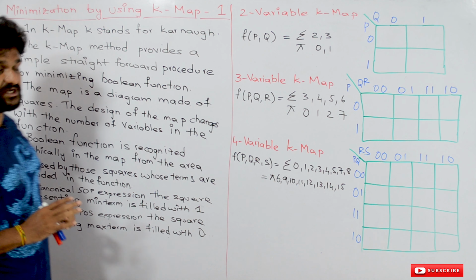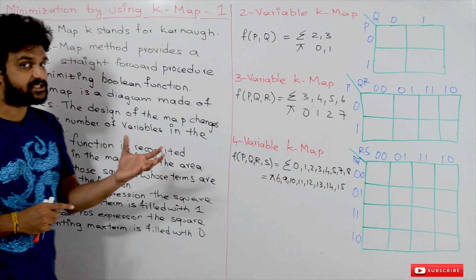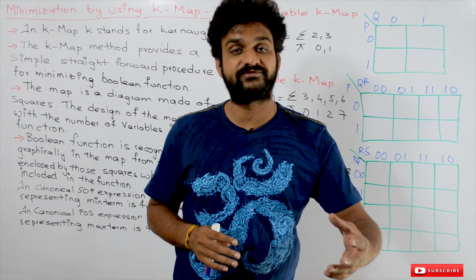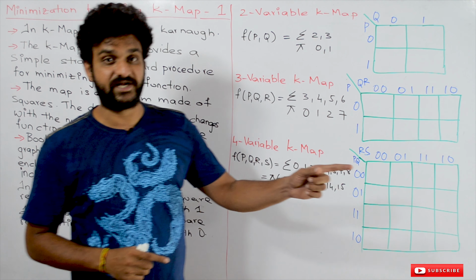How can it be represented? If the given Boolean expression is in canonical sum of products form, the concept of canonical sum of products and canonical product of sums has been clearly explained in our section called logic gates and Boolean expressions.